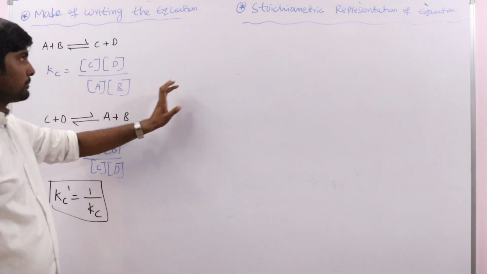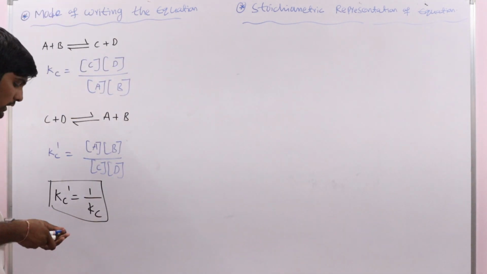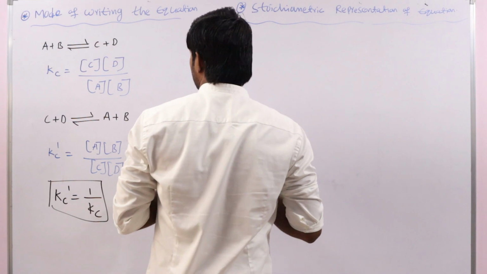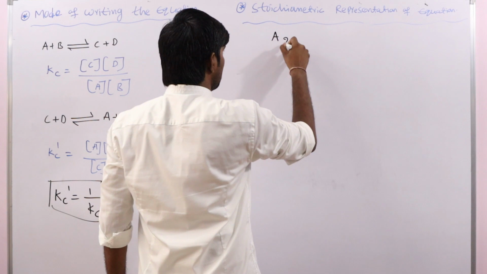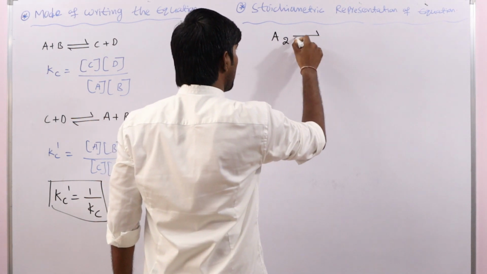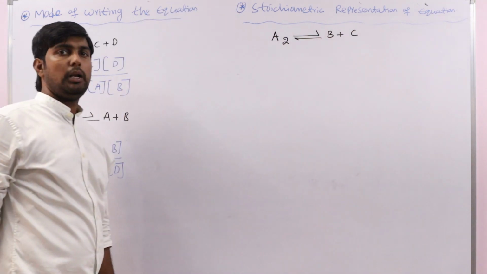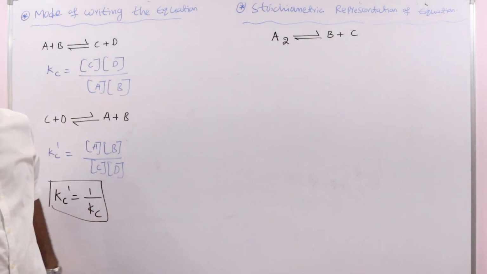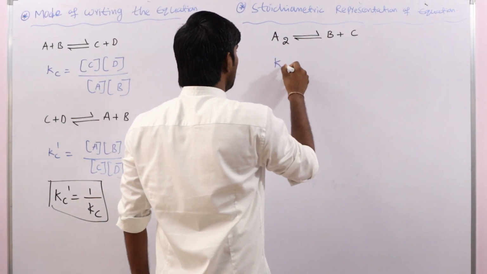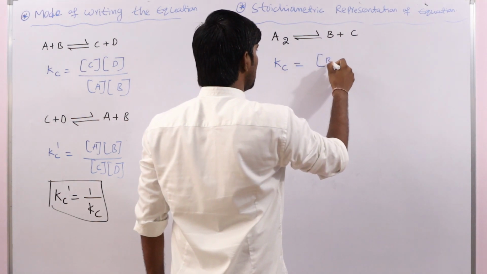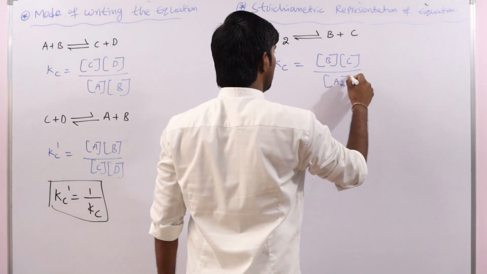Next, another one is the stoichiometric representation of the equation. For example, a molecule A2 gives B and C. For this reaction, if you write the equilibrium constant, we get Kc equals concentration of B into concentration of C by concentration of A2.